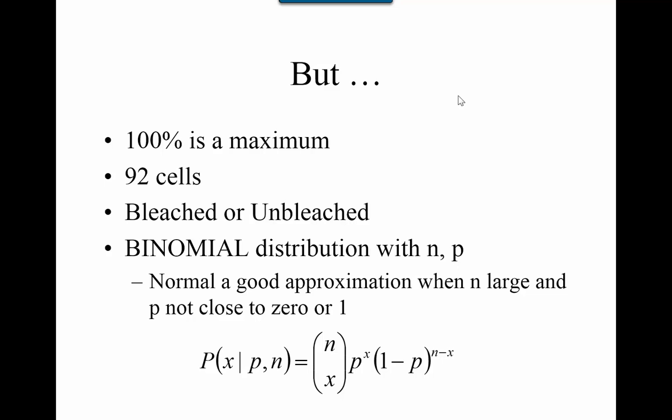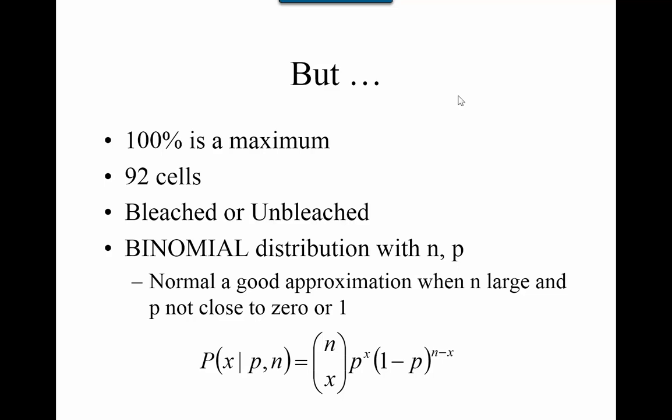Now it turns out the normal distribution is a pretty good approximation of a binomial distribution when n, that is the number of cells, is large and p is not close to 0 or 1. So there's two problems with this. When temperatures are low or around average, we get very few bleaching events. That is, the proportion of success is close to 0. So again, the normal is not going to be a good approximation there.